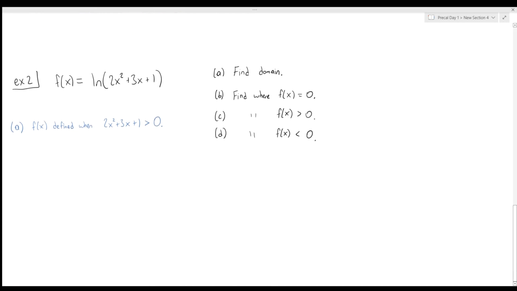So then if we want to know where a polynomial is positive, well, we've been doing that this whole day, right? So we can start by finding where the polynomial has its zeros.